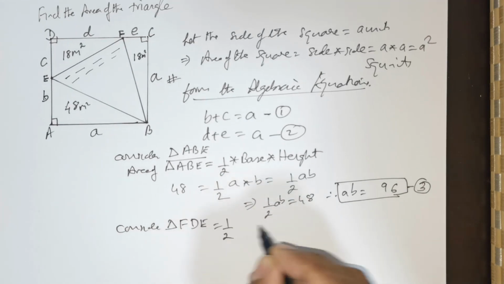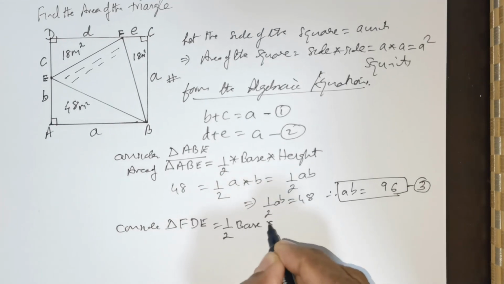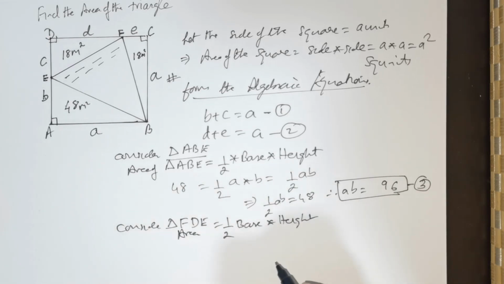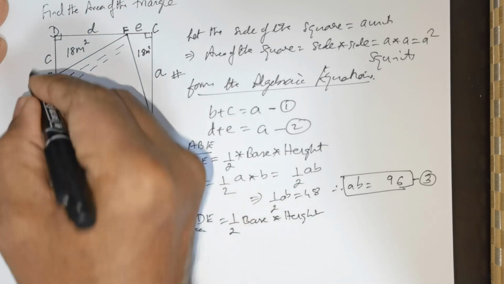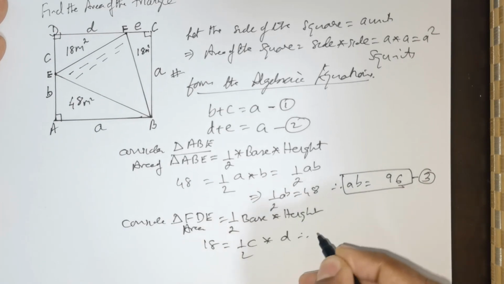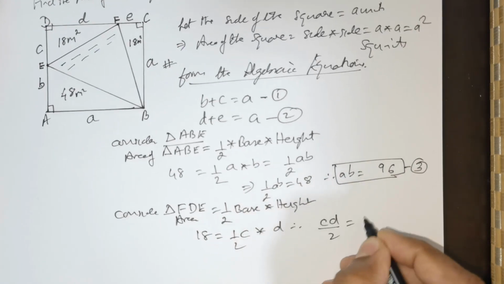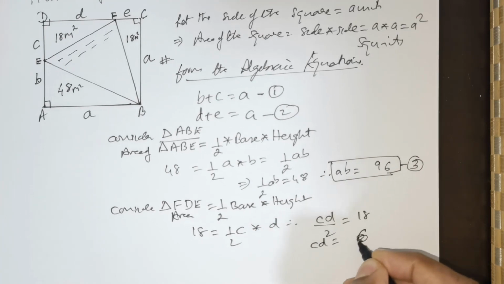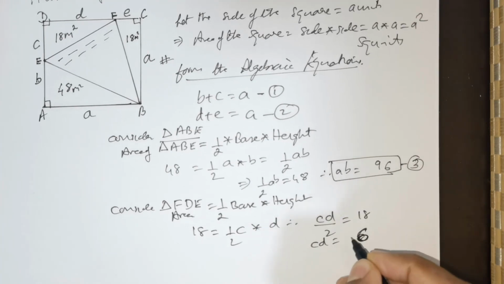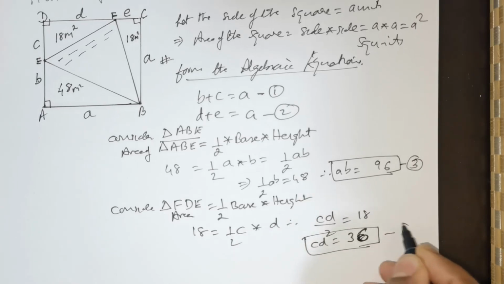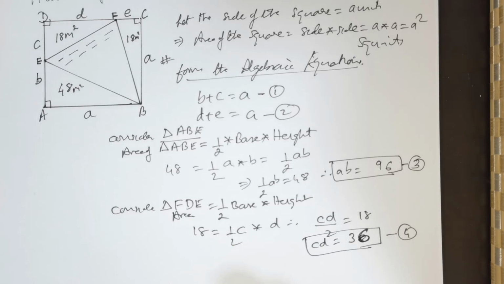What is the formula? Half times base into height. This is the area, so the area for this is 18. Half times the base is 3 units, the height is 10 units. Therefore CD over 2 is equal to 18, so CD is equal to 36. That is number 4.